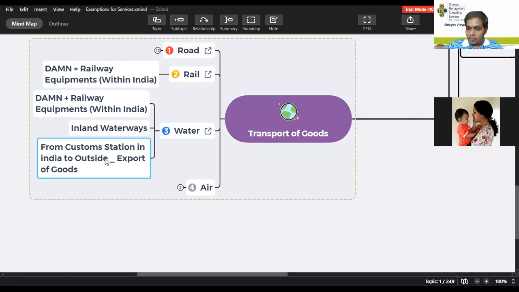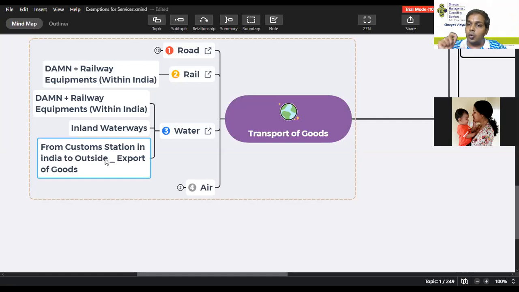So what is covered within India is covered, India to outside India is covered. Whereas one leg which is not at all covered in these three, which is outside India to India. So we have only three possibilities: outside India to India, India to outside India, within India. So within India and India to outside India, they are given. So for import, domestic exemption is given for specified goods, and exports of goods they have given exemption through vessel. But import of goods, no exemption has been given.